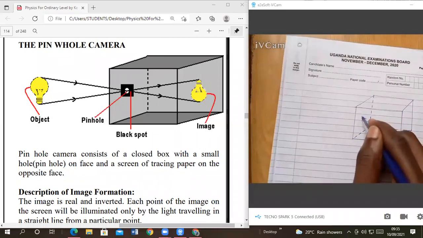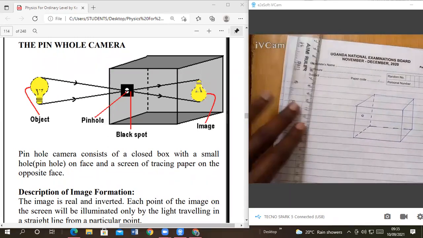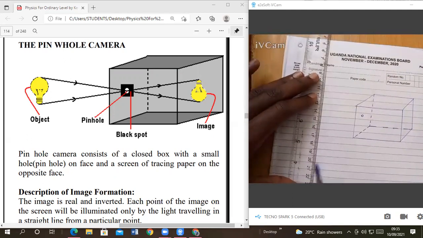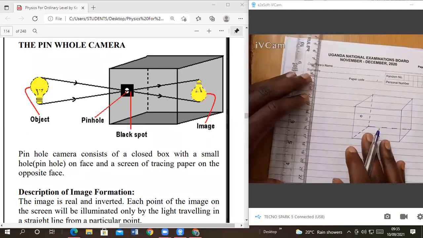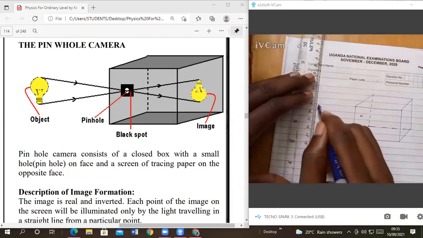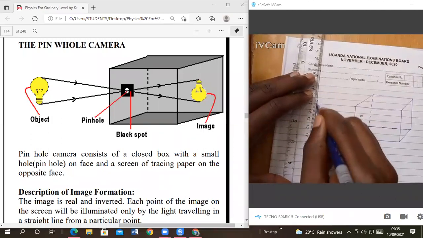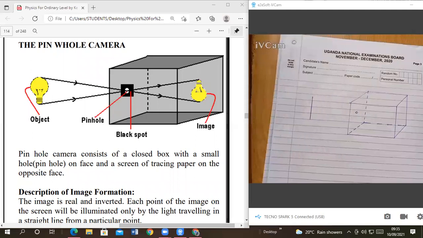So I'm assuming the pinhole is here. The hole is there. Now the object is somewhere here, in front of it. Something like that. That's our object.